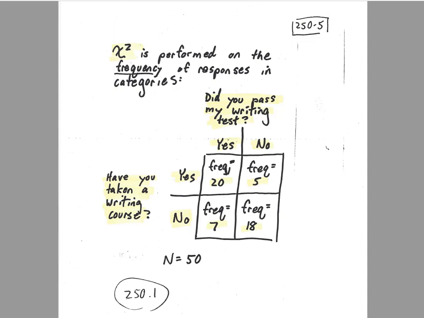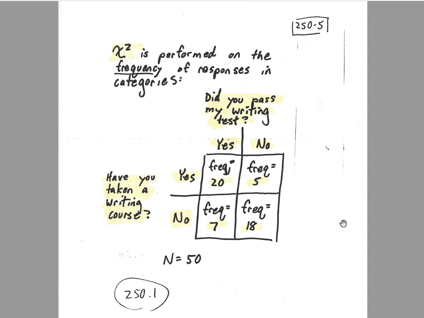So a big thing that students, faculty, and everybody worry about is, did the students pass the university's writing test? That's either going to be yes, they passed, or no, they did not. I have a hypothesis that when students take writing courses in college, it makes it more likely they're going to pass that writing test. So I'm going to do an analysis where my predictor variable is: have you taken a writing course in college? That's going to be yes or no.